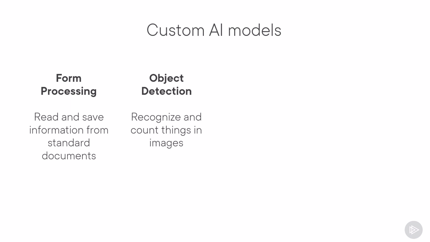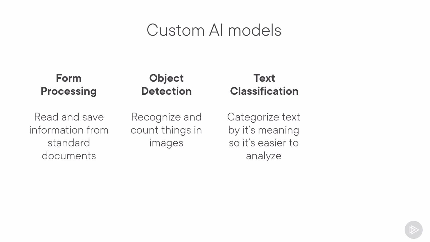We have an object detection model, which allows you to recognize objects in images as well as count them. We have a text classification model, which allows you to categorize text by its meaning, and finally, a prediction model, which allows you to predict whether some things will happen.